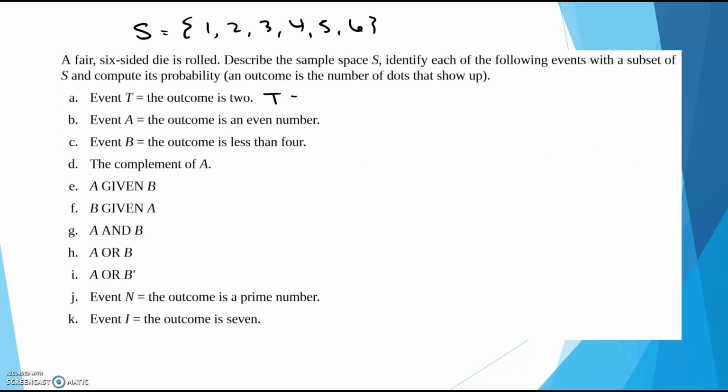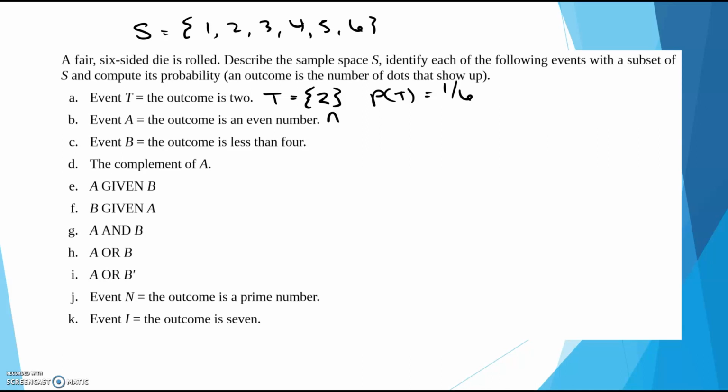Okay, so T is equal to, well, the outcome is 2, so we're just going to write a 2 there. The probability of T, well, I have one number here out of 6 possible. So the probability of rolling the 2 would be 1 out of 6.